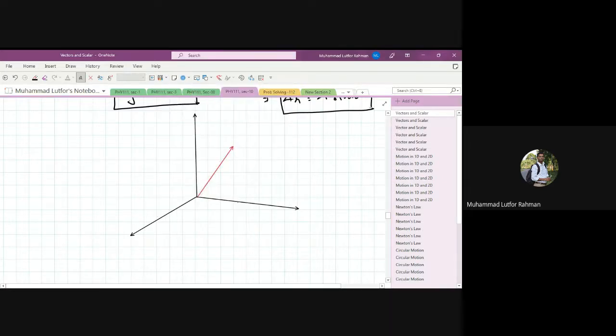This is a vector A. This is my x-axis, this is my y-axis, and this is my z-axis. Say that the vector creates the angle theta with the z-axis. Now I'm going to find the component of that vector. So I have to take the projection. I'm taking that.